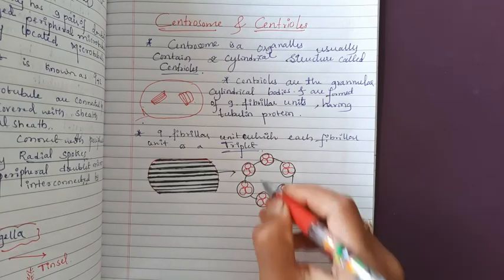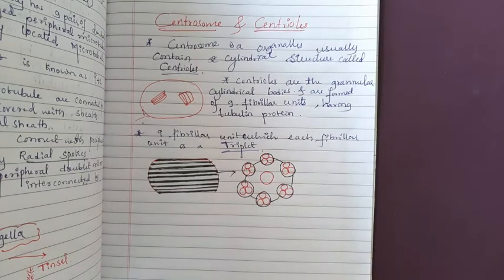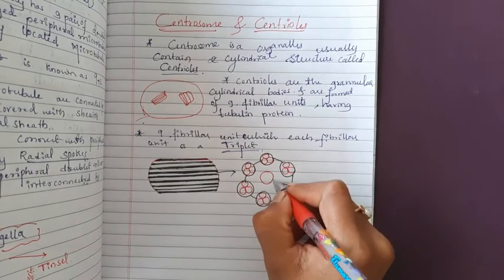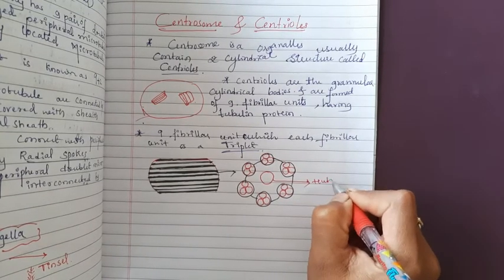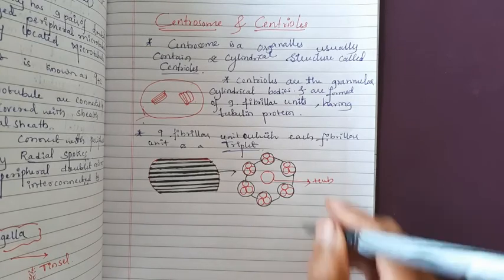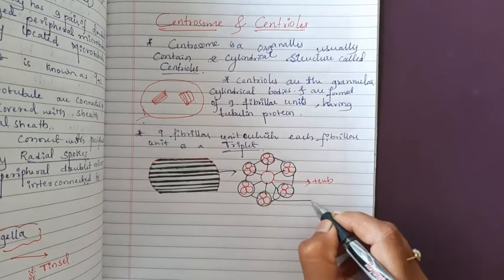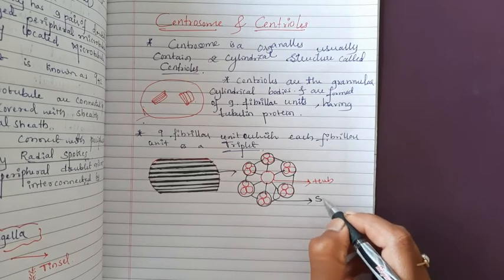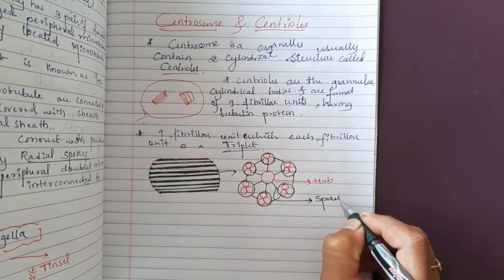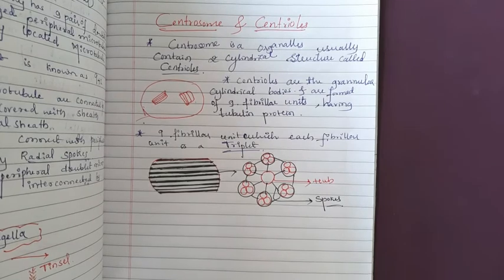Centrally, there is another protein known as the hub. Like in flagella and cilia, where we discussed radial spokes, here we can say it is just a spoke.